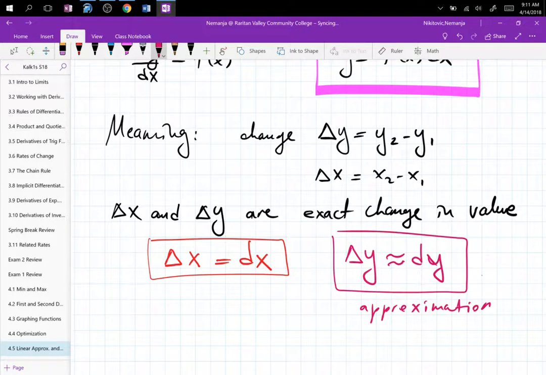This section on the level that it's taught in Calc 1 is completely useless, like 100% useless to anyone and anything with today's calculating capabilities, right? You all have computers in your pocket that are insanely powerful.